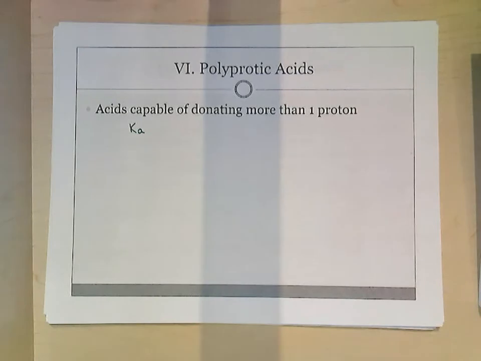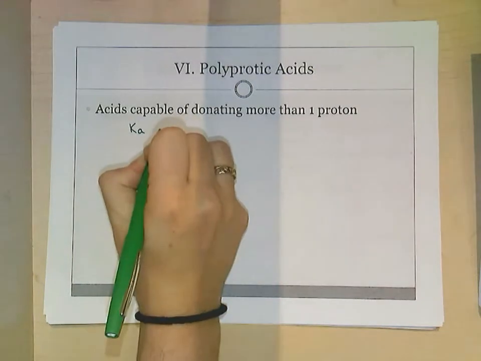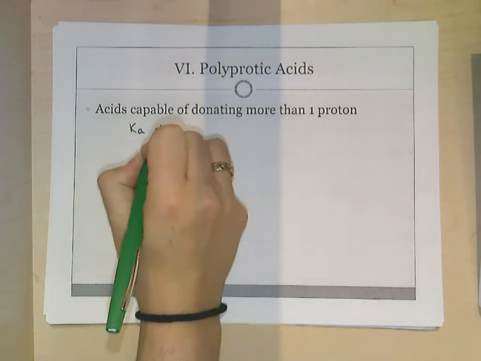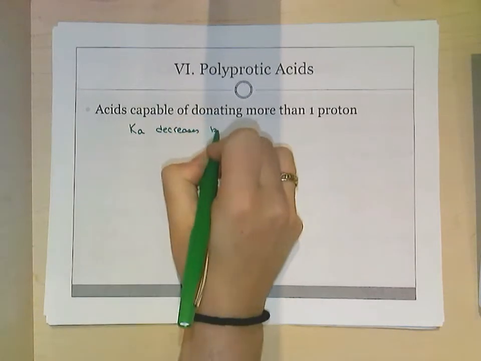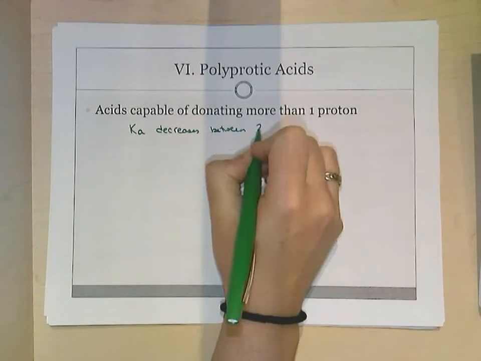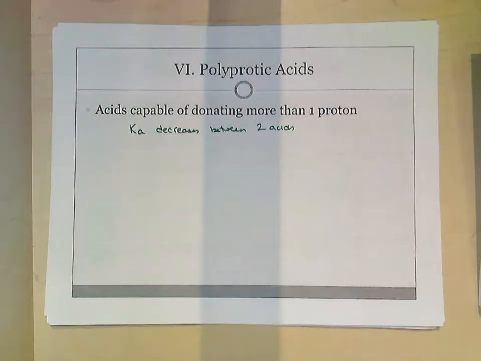If I'm going to talk about the acid equilibrium constant, and I say the Ka decreases, all right, the Ka decreases between two choices of acid. I have a Ka, I'll make these up.